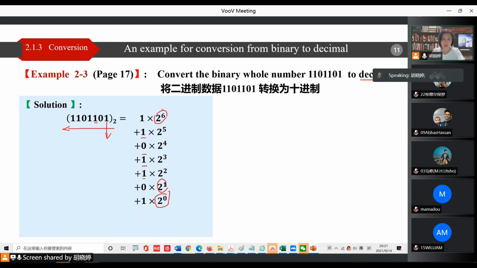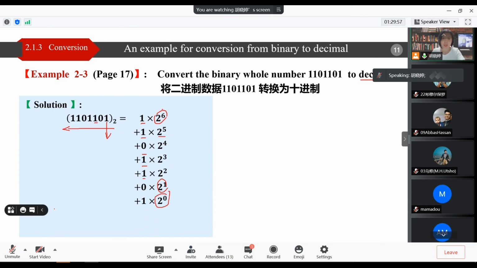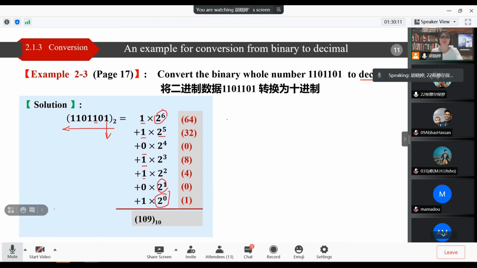Multiply each by its corresponding weight and then take the sum. You will get the corresponding decimal number, 109. Can you understand? So that is the conversion from binary to decimal.